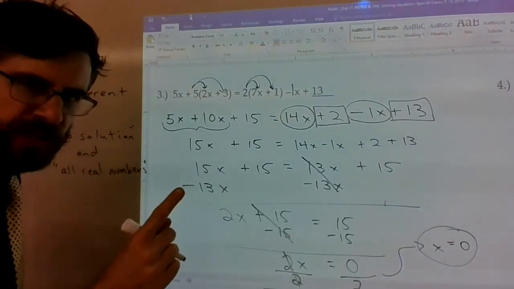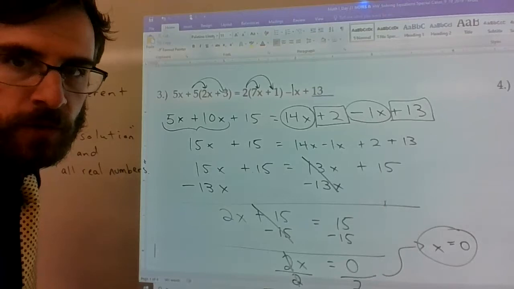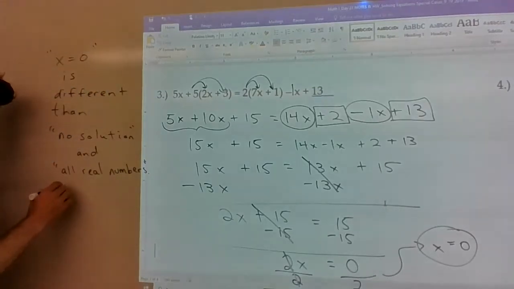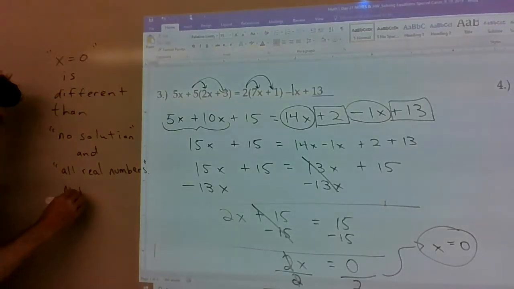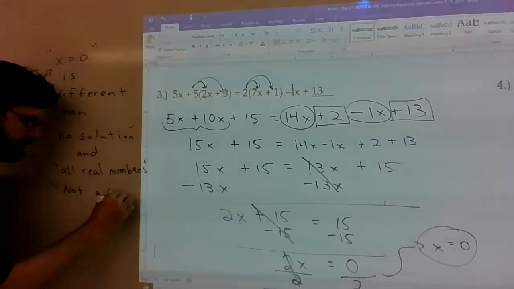It's one solution. It's the solution when x equals 0. Not a special case.